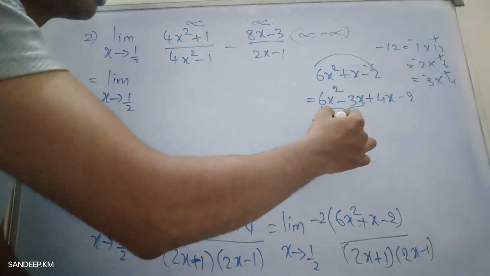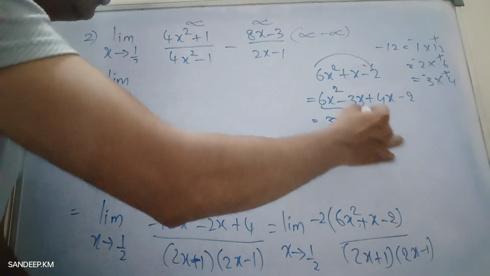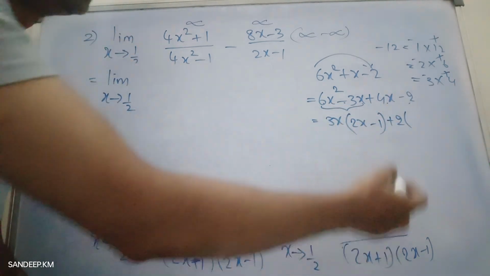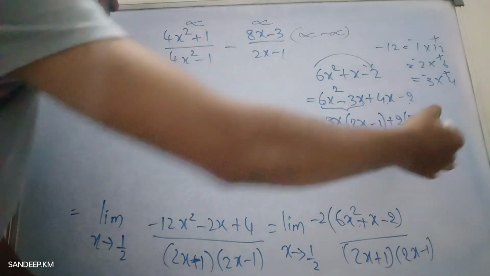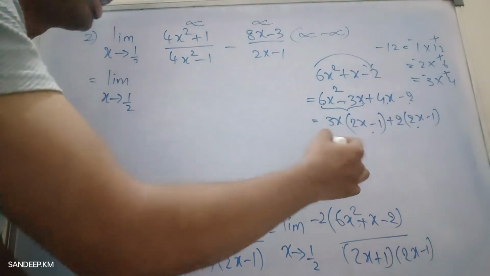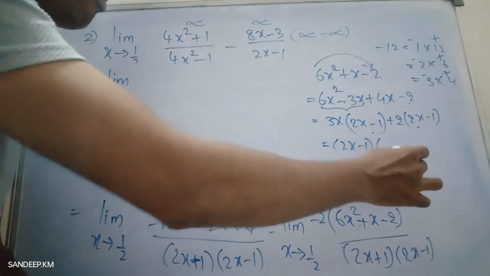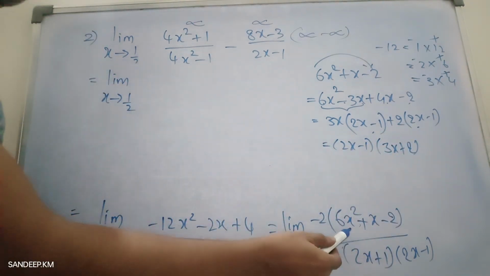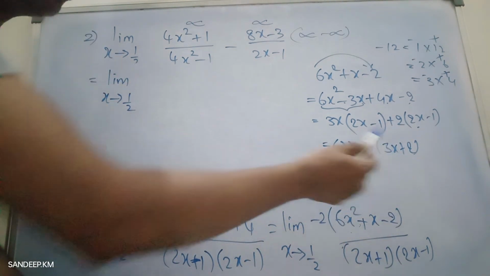I can take 3x common into 2x minus 1. In these two, let me take 2 common, 2 common into 2x minus 1. Okay, here and here we can take 2x minus 1 common into 3x plus 2. Clear? So the factorized form of this is 2x minus 1 into 3x plus 2.